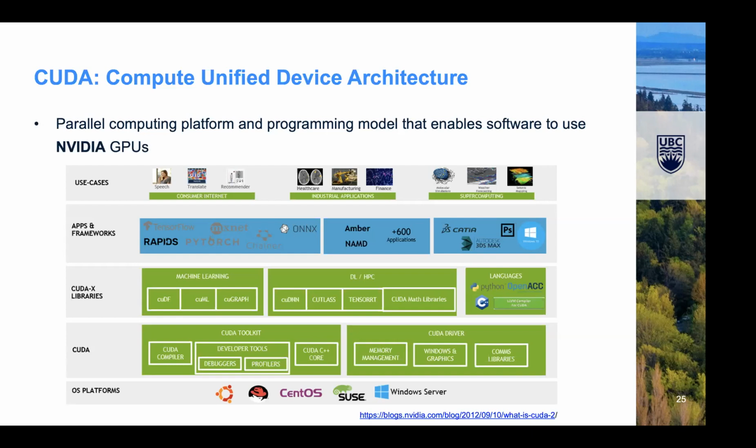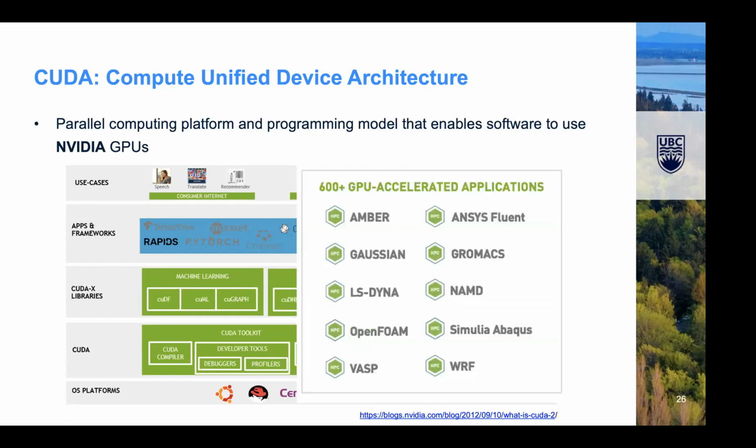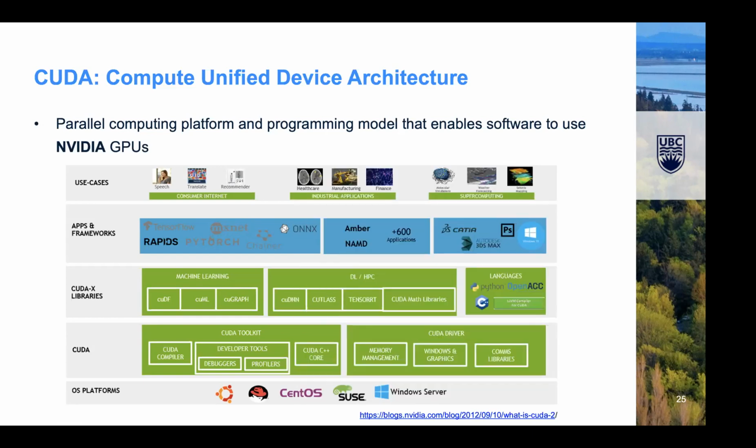And so various apps and frameworks in the second table here, TensorFlow, PyTorch being the two most popular, take advantage of CUDA. There's a number of other machine learning CUDA libraries that can be used. You can use more low-level languages with CUDA C++, the CUDA compiler, and there's also Python libraries that can take advantage of CUDA.